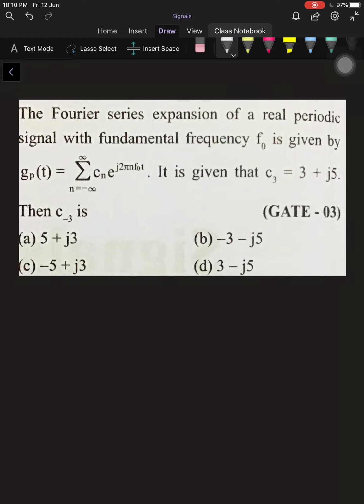It is also given that C3 is 3 plus j5, then C minus 3 is? Given that the signal is real and periodic, gp of t is real and periodic.